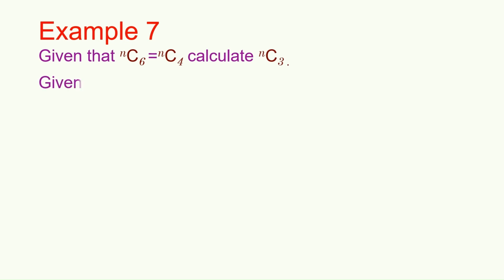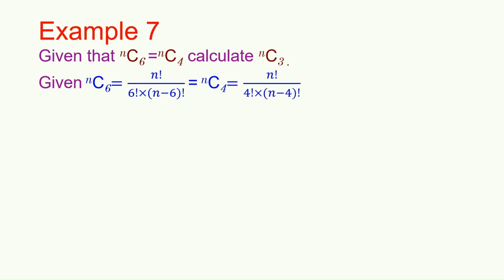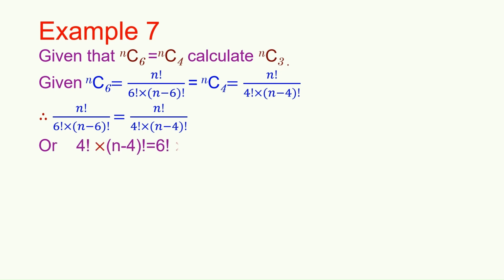Example number 7. Given that nC6 equals nC4, calculate nC3. nC6 equals factorial n divided by factorial 6 times factorial n minus 6, which equals nC4, equals factorial n divided by factorial 4 times factorial n minus 4.